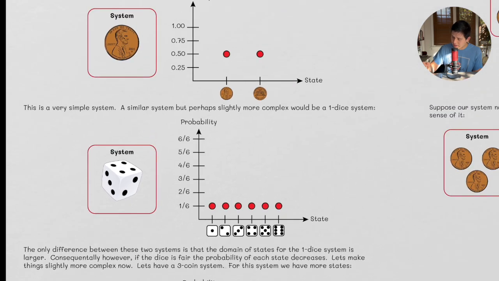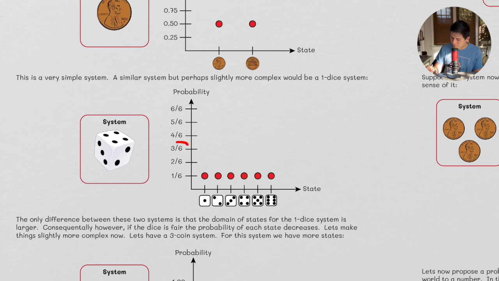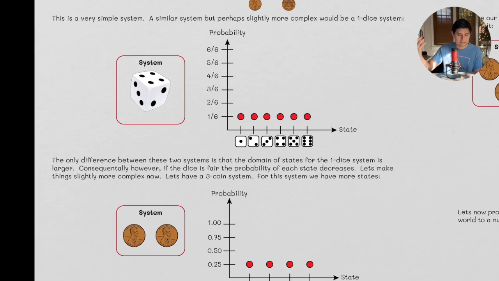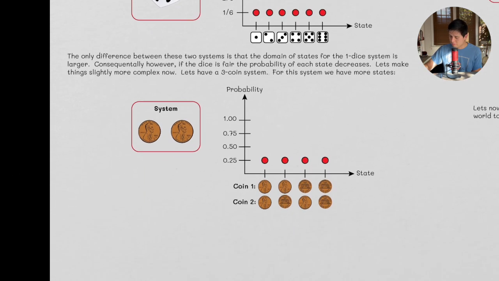Here we had 0.5. The more states you have, again assuming all the states have an equal probability of occurring, this number is going to get lower. So we start from 0.5, we now go to 1/6, and if your dice has 10 faces, the probability becomes even less.